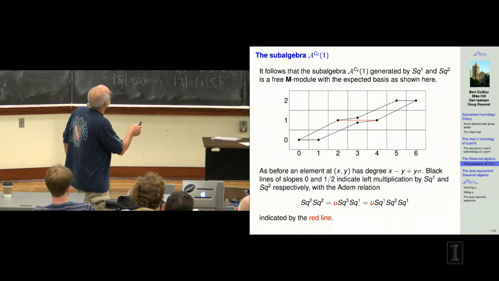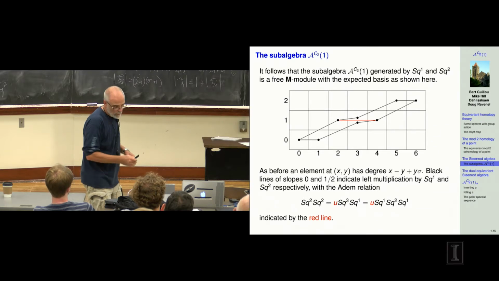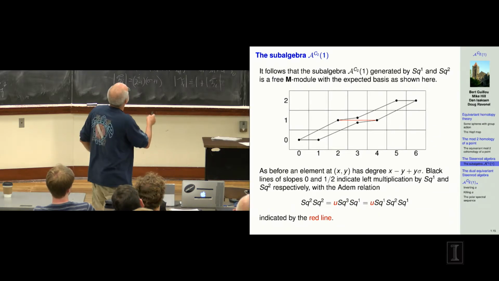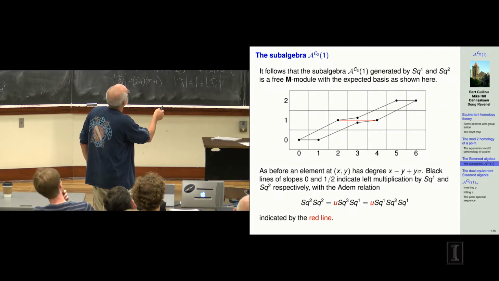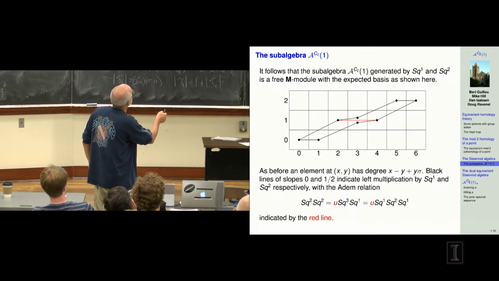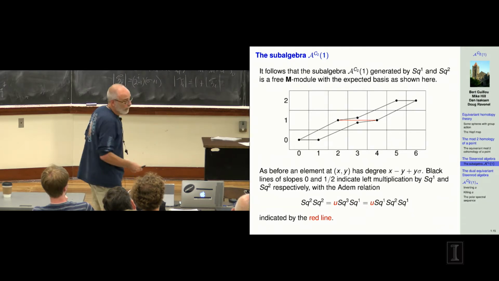And that's why I've drawn a red line here. So square 2 square 2 in this picture should actually be up here, but it is in fact u times this element, which is square 3 square 1, right?